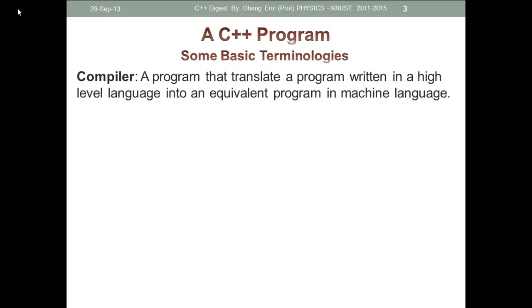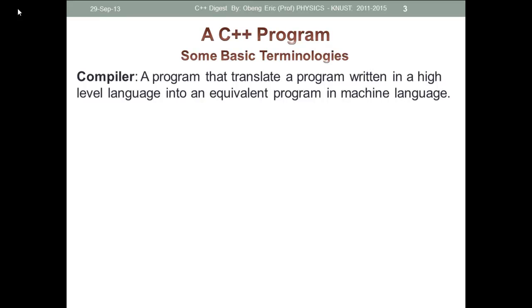Now, to program in a high level language, because that language is very close to our natural language, you need a program that will intermediate between your high level language and the machine language, because the machine language is what the computer needs and is what should be supplied to the computer.